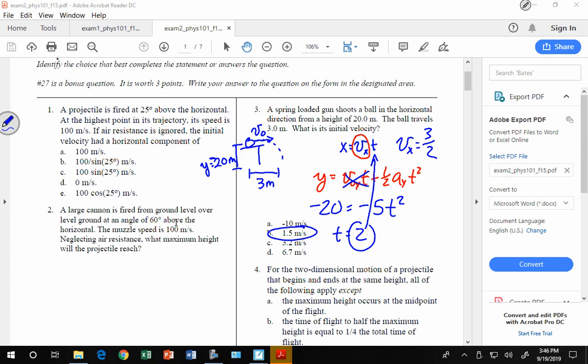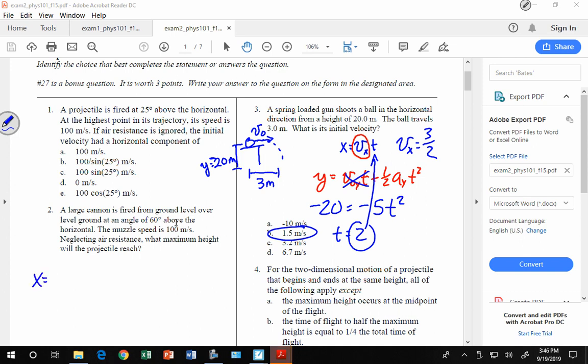I always find it helpful to write down those equations. Let me write them down for you. So remember we had two sets of equations. These are just the kinematics equations, but they're written with the subscripts, and they're written with the values for ax included.